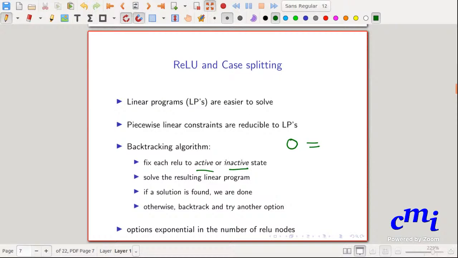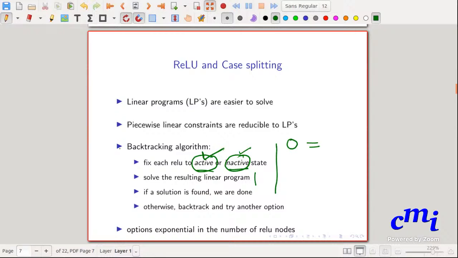So the general idea that they have proposed is that the backtracking algorithm says you don't worry about whether it's going to be this or this. You fix it to be either active or inactive, and then you solve the resulting linear program. If you get a solution, then it's great. If you don't get a solution, you go back and say, oh, maybe I fixed this as active. Let me try to go back and change this to inactive.